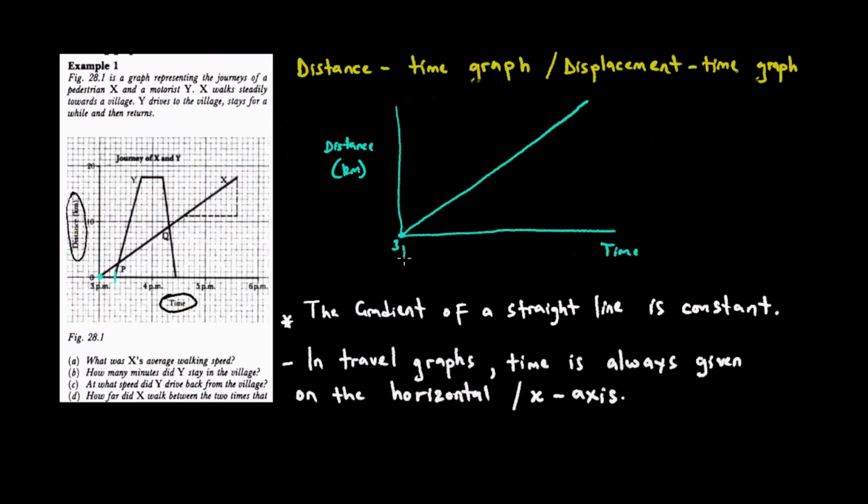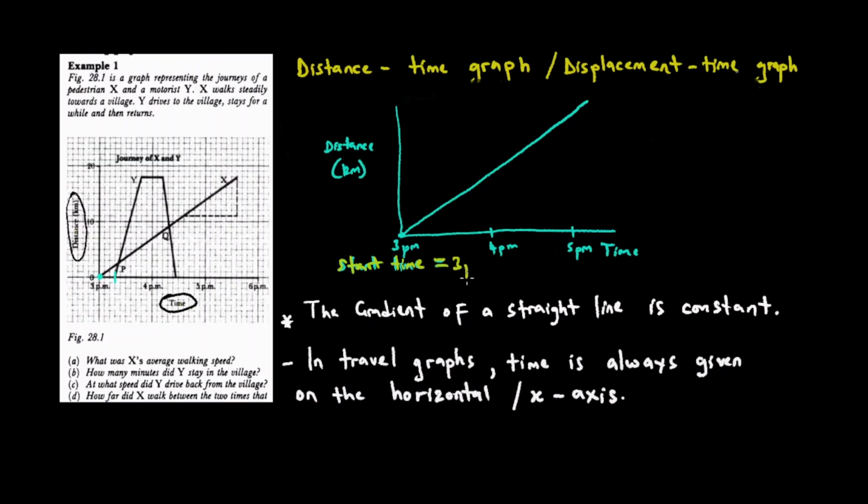Ours is 3 p.m., then 4 here, then 5, like that. The first thing we should know is where the journey started. The start time is 3 p.m. Let me use a different color for 3 p.m.